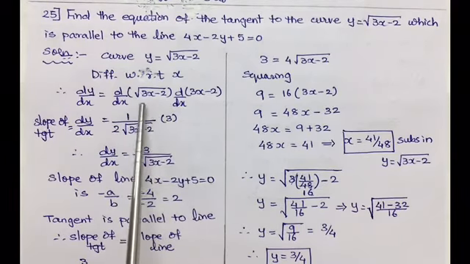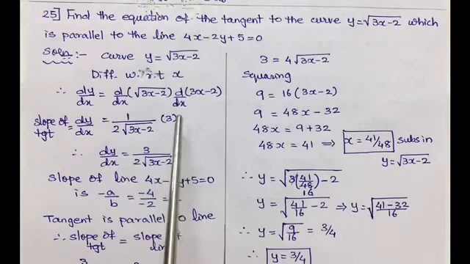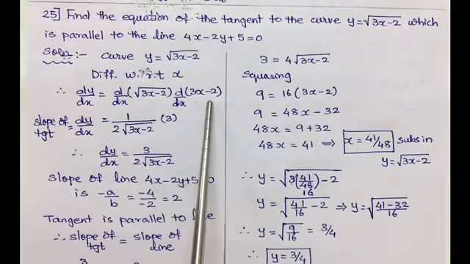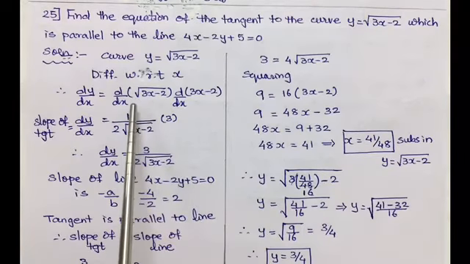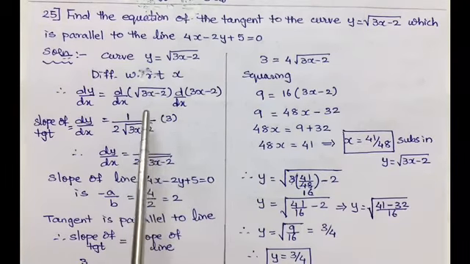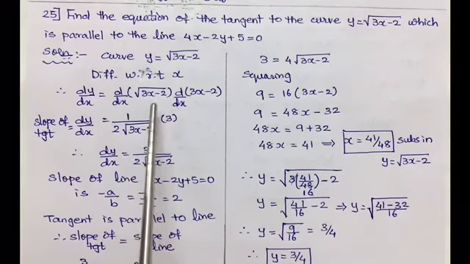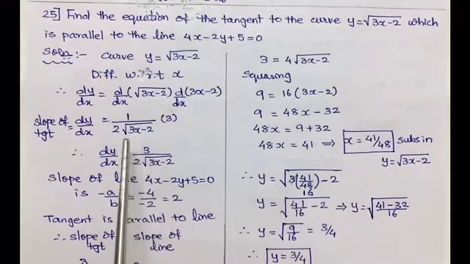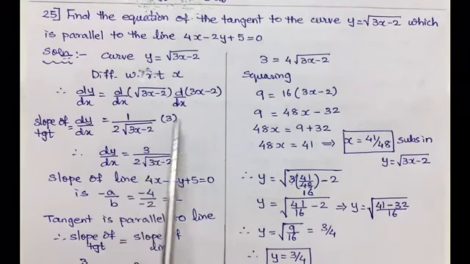So first is the derivative of the outer function, that is root, and then the derivative of the inside function, that is 3x minus 2. Now the derivative of root x is 1 upon 2 root x. Hence the derivative of root of 3x minus 2 will be 1 upon 2 root of 3x minus 2.